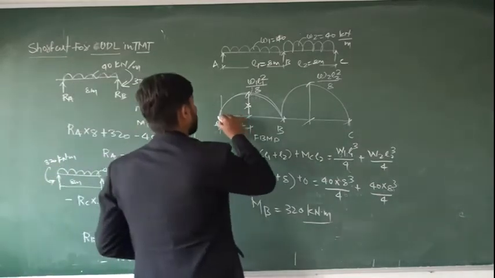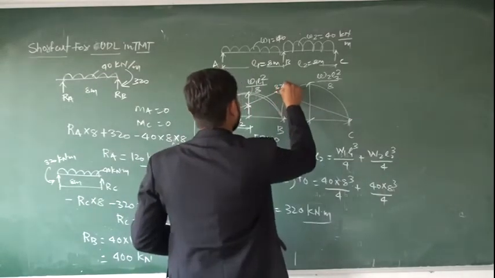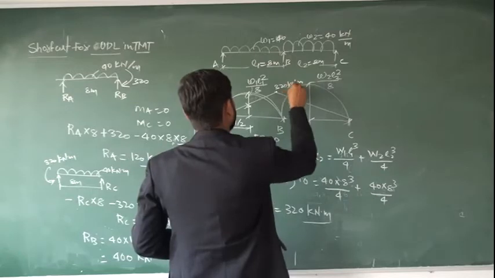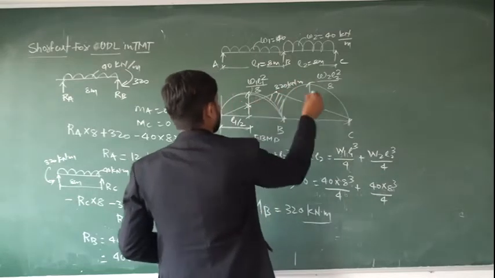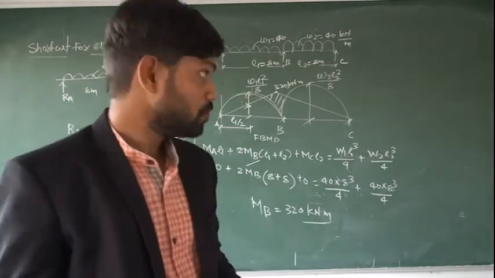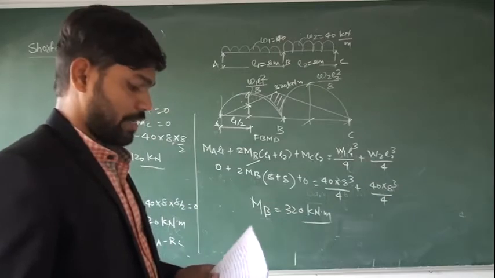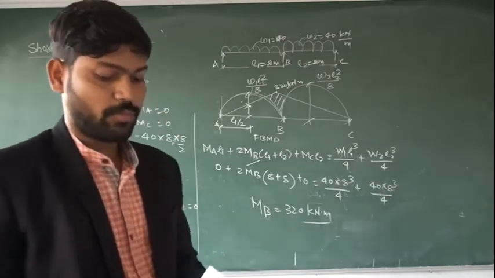If we superimpose the bending moment over here, the bending moment is 320. This is negative moment, and these are positive. Now this is the particular case of UDL.